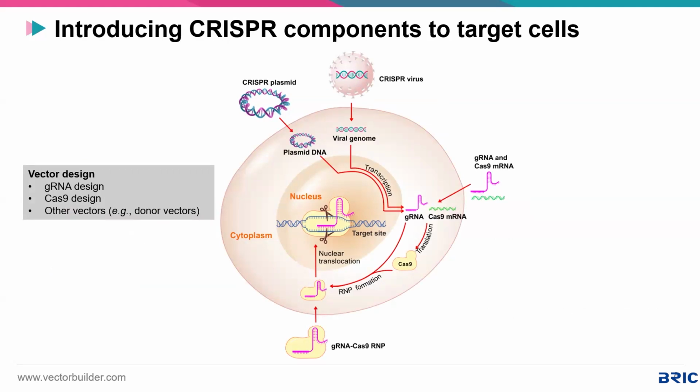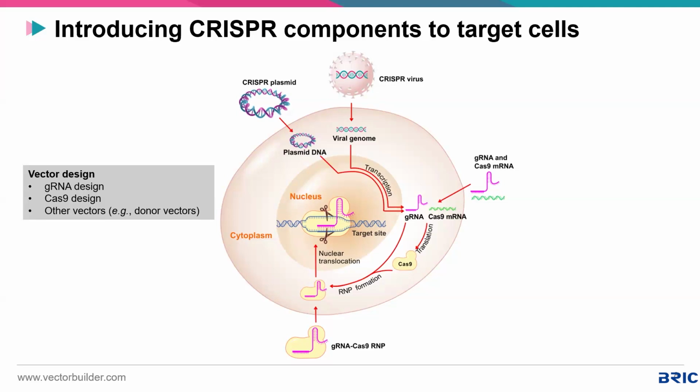So the CRISPR system is a multi-component system, like we talked about. There is the Cas9 and there is the guide RNA. And the very first step in designing a successful CRISPR experiment is designing the vector. So getting the right guide RNA, getting the right Cas9, and if there are other vectors involved, like donor vectors, choosing the right ones and designing them correctly. What that means, I'll talk to you about in just a second.